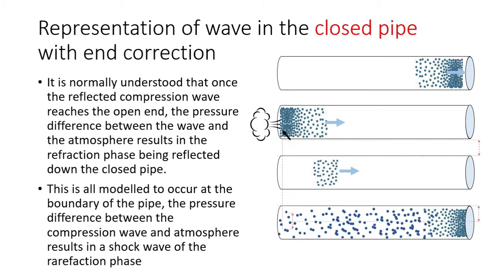When it gets to the open end, that compression phase dissipates into the atmosphere, and a ricochet effect happens, and that rarefaction gets thrown back down towards the closed end, and again that gets reflected back as a rarefaction.